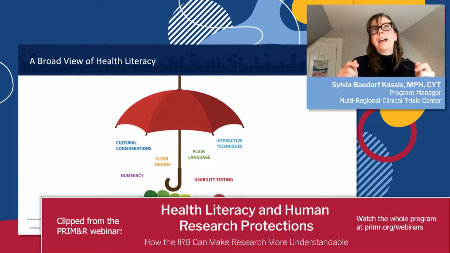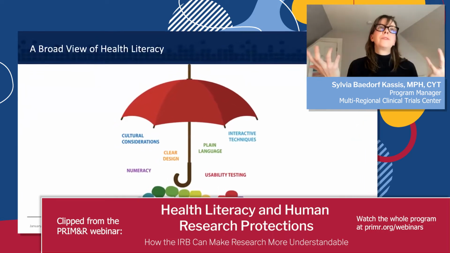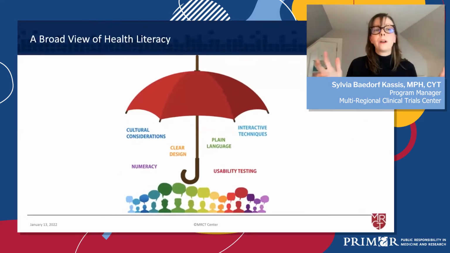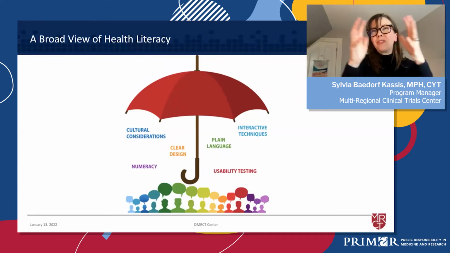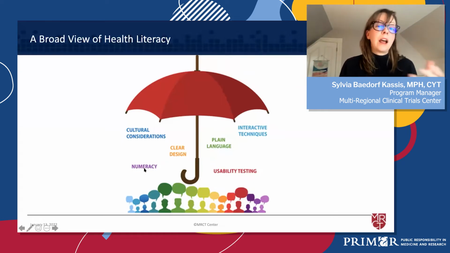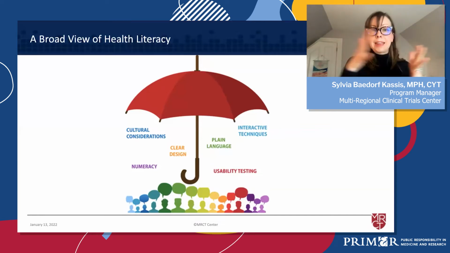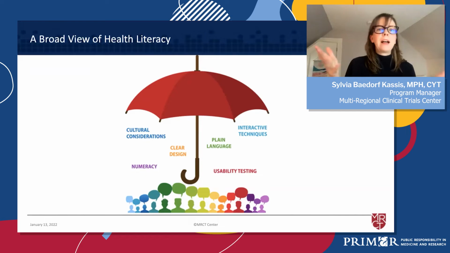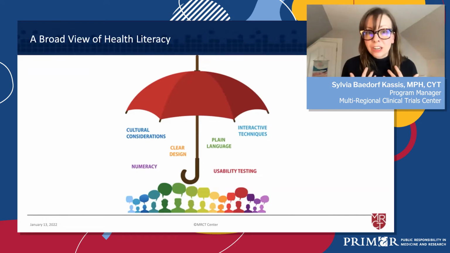With that in mind, there are also a number of other concepts that we include under the umbrella of health literacy. We've talked a little bit about numeracy and understanding numbers, statistics, probabilities, rates of disease, and even dates and calendar information, calculating out weeks, medication information.